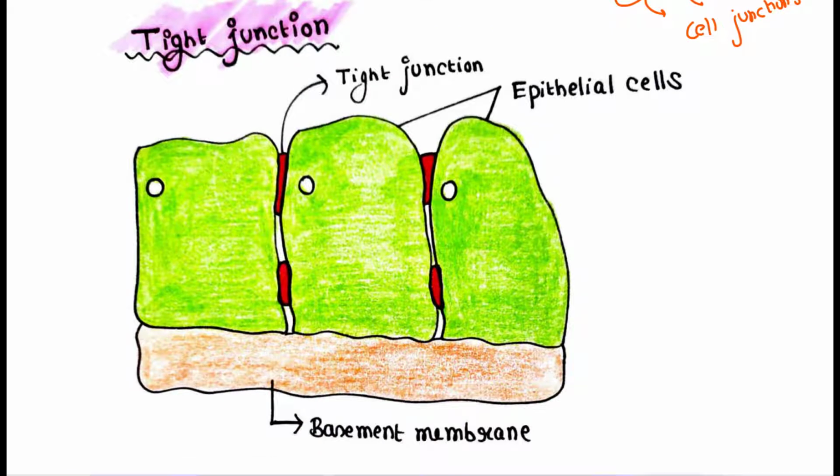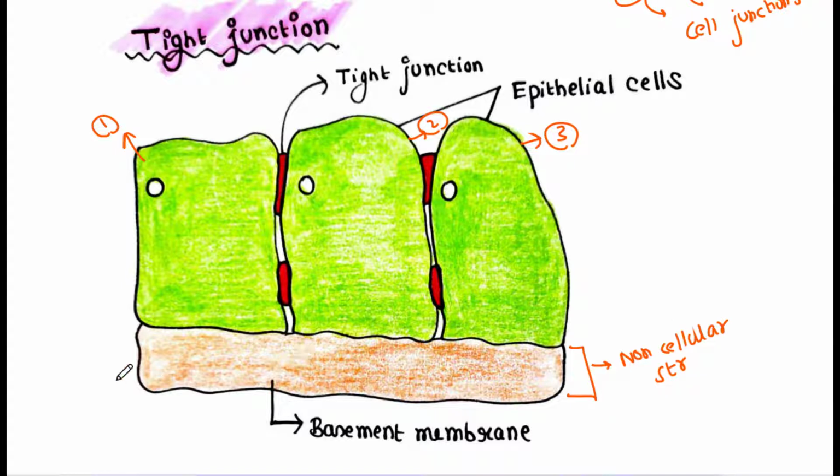First is tight junction. So here we can see this is cell 1, this is cell 2, this is cell 3, and these 3 cells are found above this basement membrane, that is the non-cellular structure.